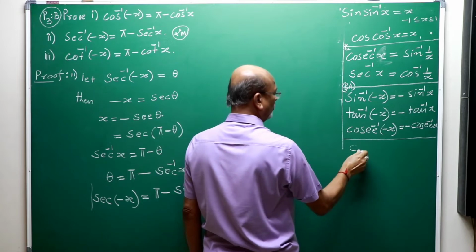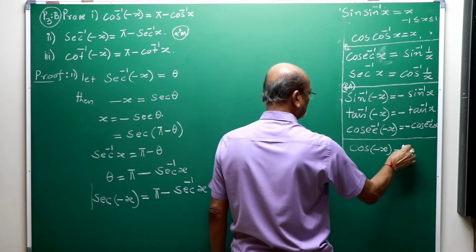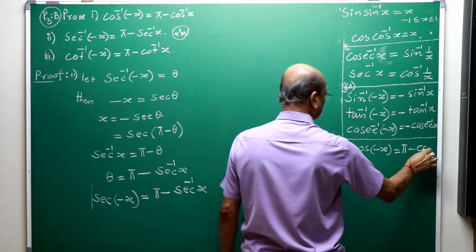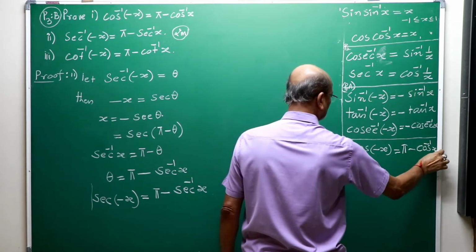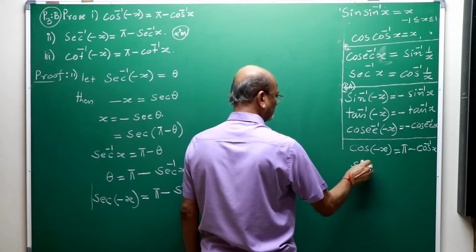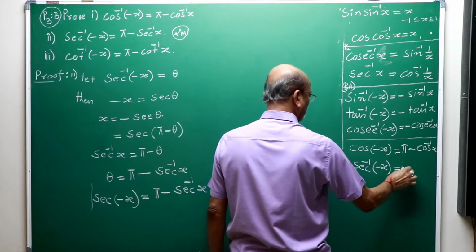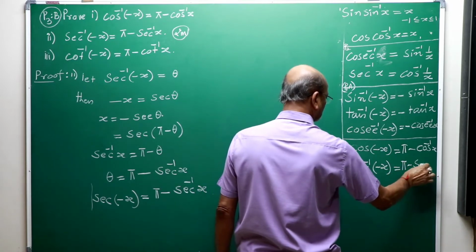This is cos inverse of minus x is pi minus cos inverse x, and sec inverse of minus x is pi minus sec inverse x.